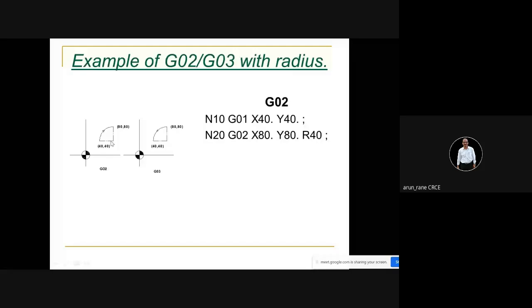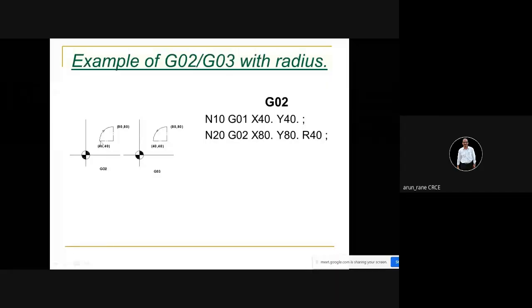But some controls, or most of the controls, accept incremental mode of defining the center. So the incremental mode means what? With respect to the start point, where the center is. So where the center is with respect to start point: it will be I, that is in X direction on the positive side, so that is 40. So I40, and what about the J value?